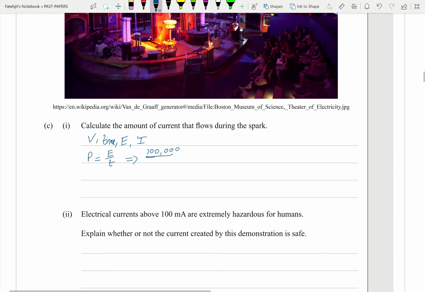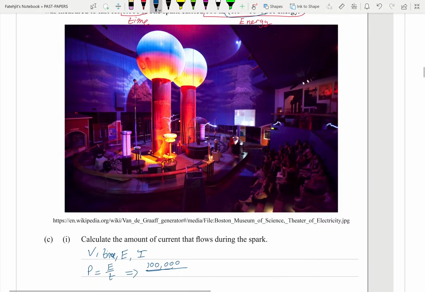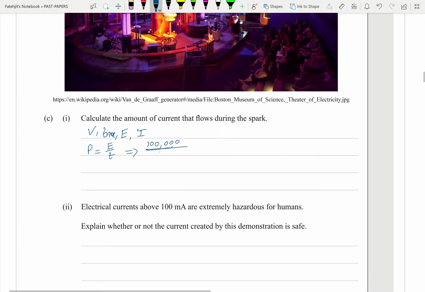So 100,000, which is 10 to the power of 5 joules, over 0.001 seconds gives us 1 followed by 8 zeros. 1, 2, 3, 4, 5, 6, 7, 8. And that is watts because the unit for power is watts.